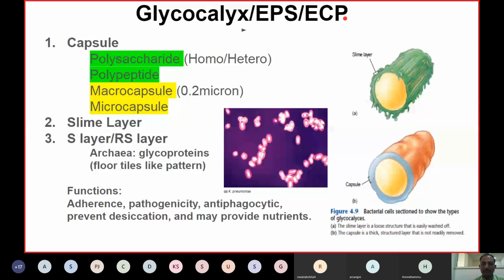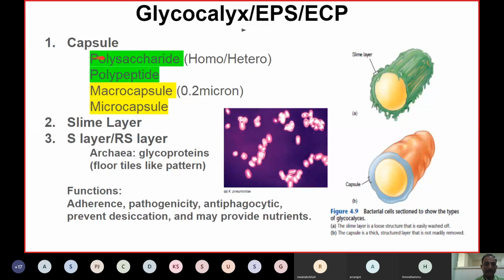These are polymers, and we'll discuss polymers of what. These are the extracellular polymeric substances present outside the cell wall. A layer found outside the cell wall made of polymers, we in general call it glycocalyx or EPS or ECP.